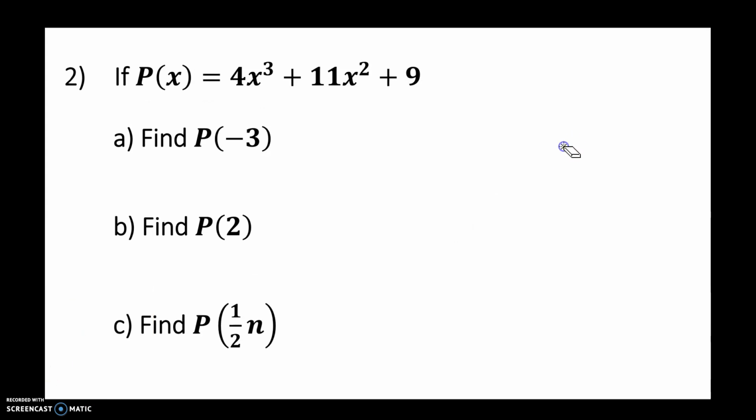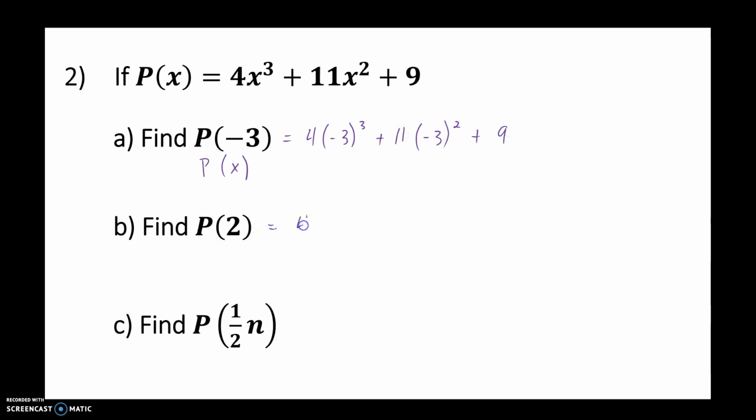Okay, given this function, find p of -3, find p of 2, and find p of 1/2 n. So here's our function notation. Okay, inside the parentheses is our input. So I'm going to set these up. Each of you can solve these on your own without a calculator.